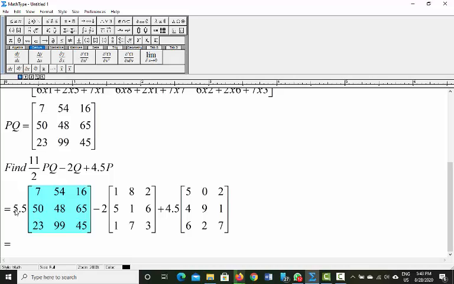Remember, if you have a number multiplied with a matrix, what do you have to do? You have to multiply 5.5 with all the individual elements inside the matrix.